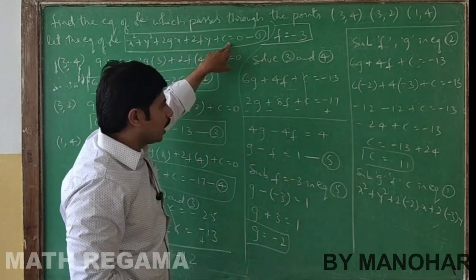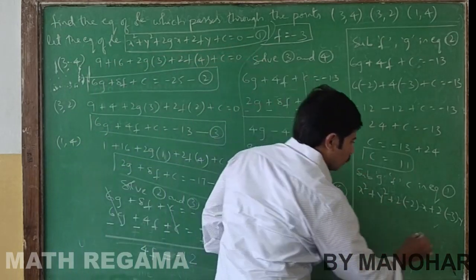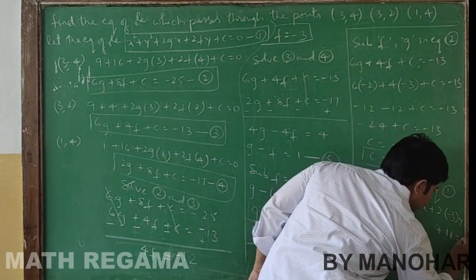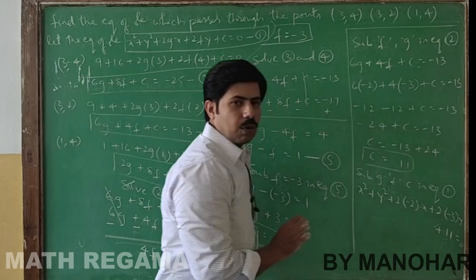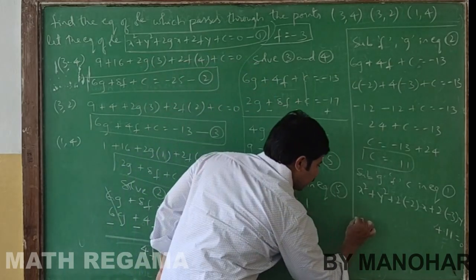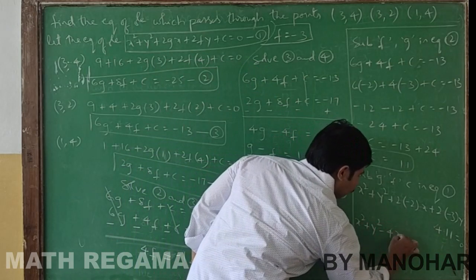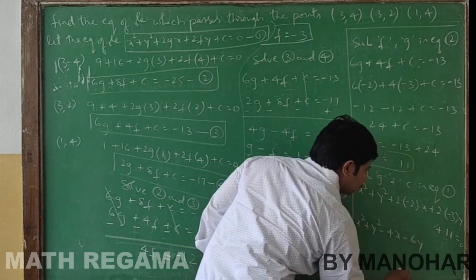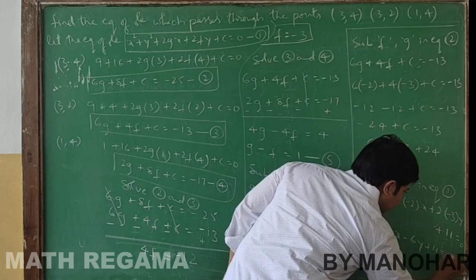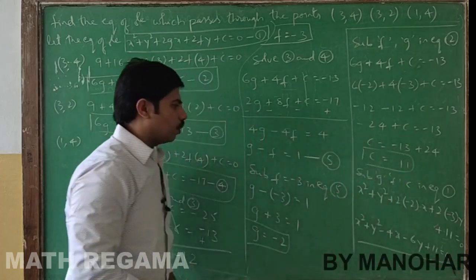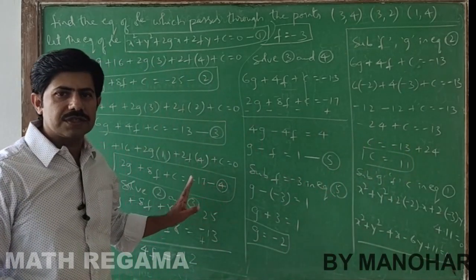What is the c value we have? 11. So plus 11 is equal to 0. So the equation of circle we are getting is x square plus y square minus 4x minus 6y plus 11 is equal to 0. This is the required equation of circle.